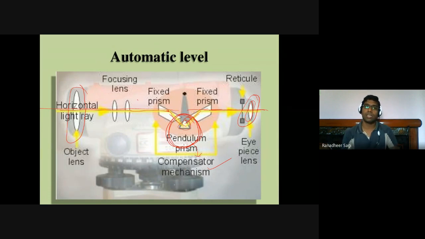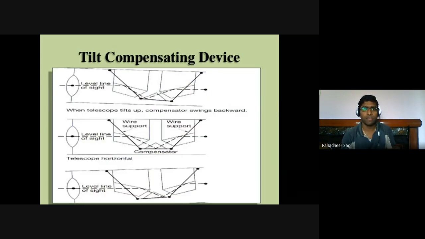What is this compensator mechanism doing? In case your line of sight is not properly horizontal, because of the compensator pendulum prism, you are going to have a realignment of the vision of your level instrument with proper leveling automatically achieved. So in case your line of sight is not perfectly horizontal, if the orientation of the instrument is not proper, what is your tilt compensating device doing?